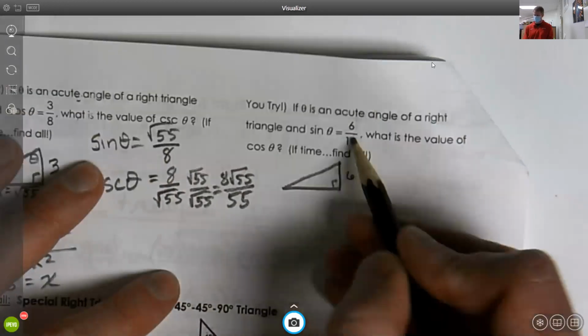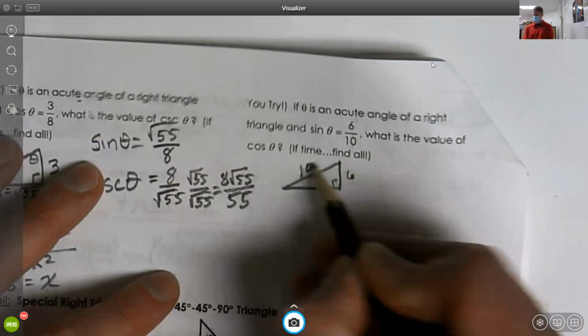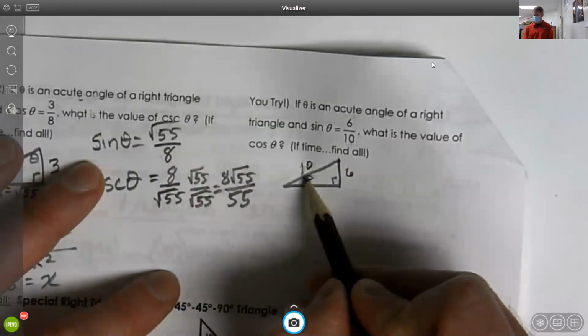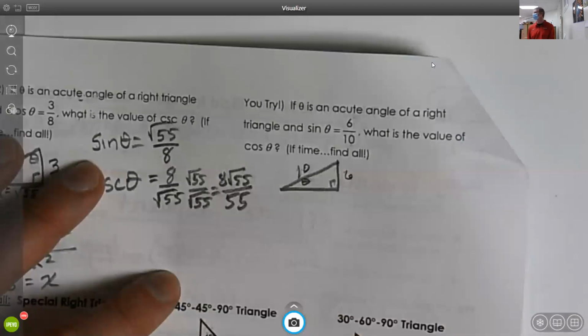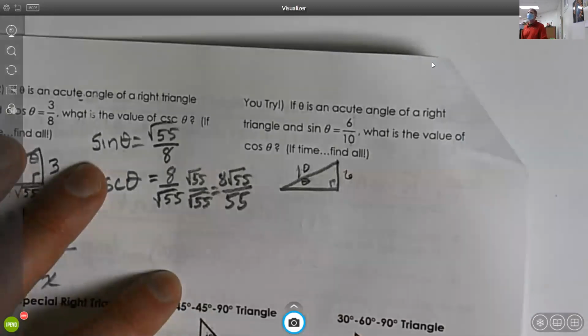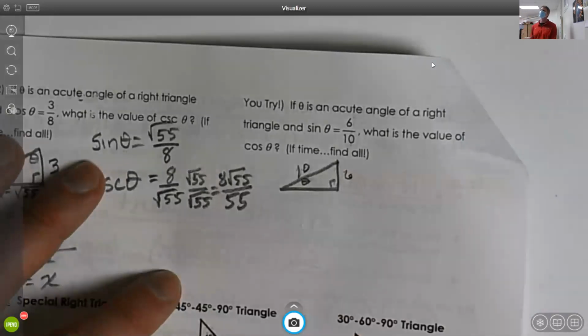The 10, of course, has to be the hypotenuse. So that helps me put my theta here. But if you're not really certain about that, it doesn't matter if you have your triangle drawn proportionally or not. You just need the 10 to be the hypotenuse, and you need the 6 to be opposite the theta. That's really the only requirement you've got.